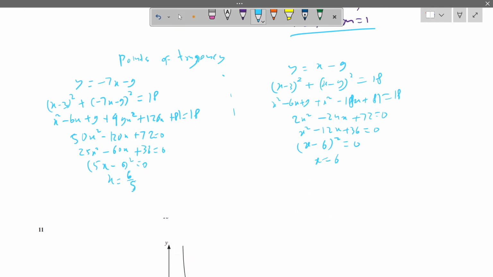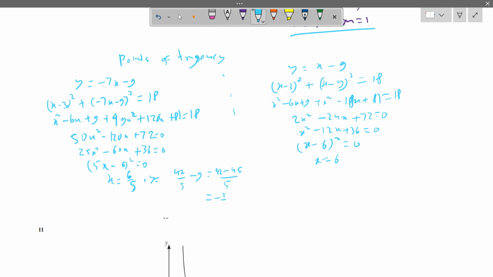So these are the x coordinates. The y coordinate can be obtained by simply substituting this into the line equation. So -42 over 5 minus 9. This is equal to, wait. Oh no, this is (-42 minus 45) over 5.